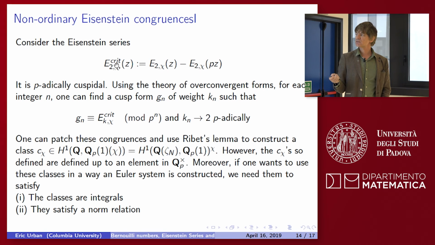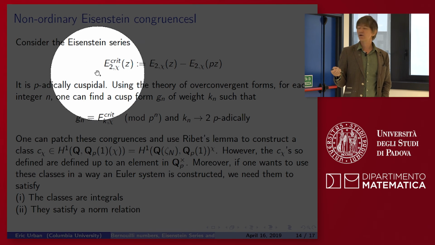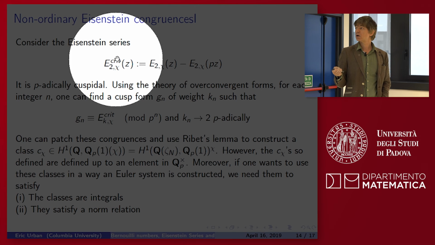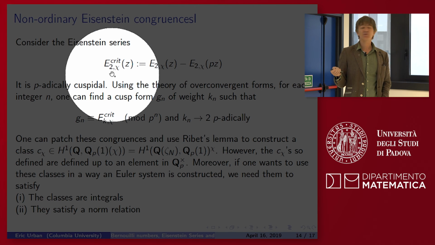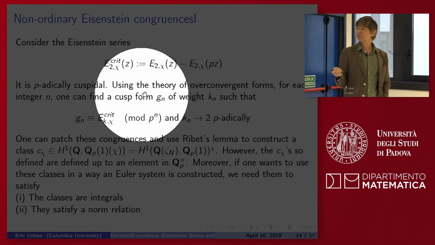And therefore this critical Eisenstein series, as we call it, looks cuspidal. In the theory of p-adic modular forms, it's actually a cuspidal p-adic modular form.